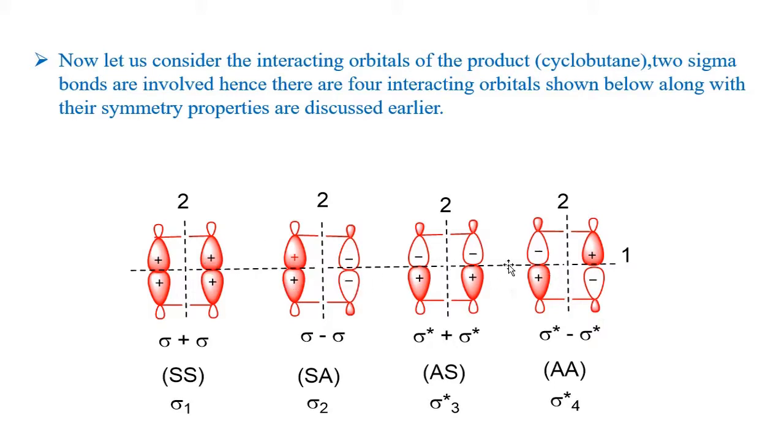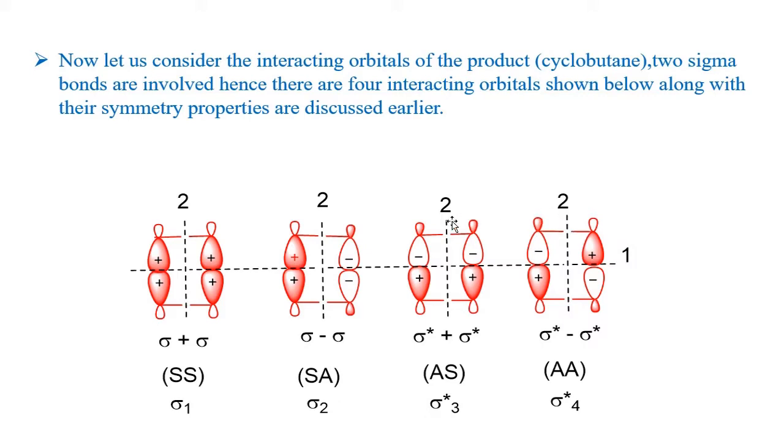It is represented here. And these sigma molecular orbitals may be symmetric or anti-symmetric with respect to the horizontal plane of symmetry and the vertical plane of symmetry. Horizontal plane of symmetry 1 and the vertical plane of symmetry 2.